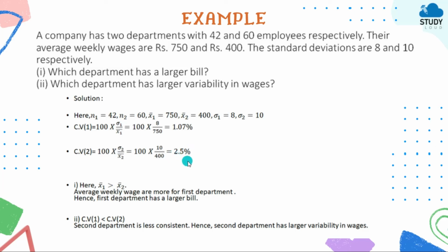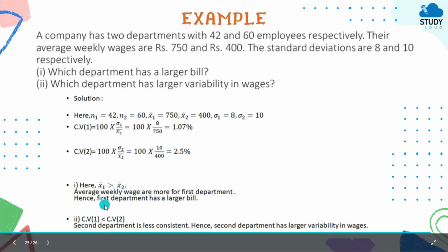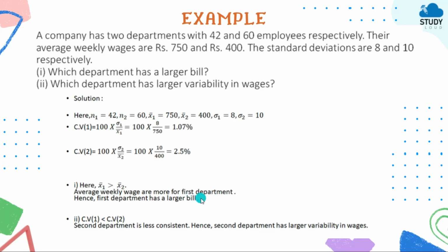The answer here is 2.5%, and the first data has the least variability. So x bar 1 is greater than x bar 2, and the average weekly wage is more for the first department, hence the first department has a larger bill. So to find a larger bill, we have to check the averages. The average of the first department is more, so it will have a larger bill.